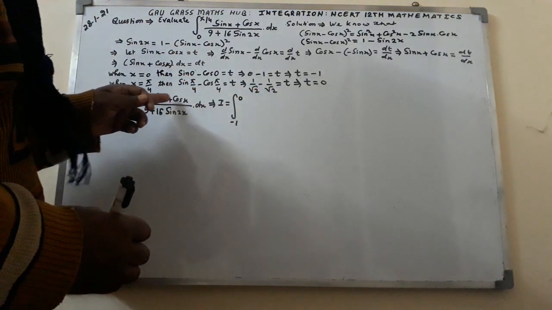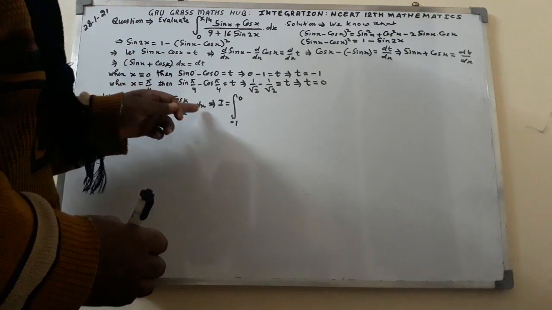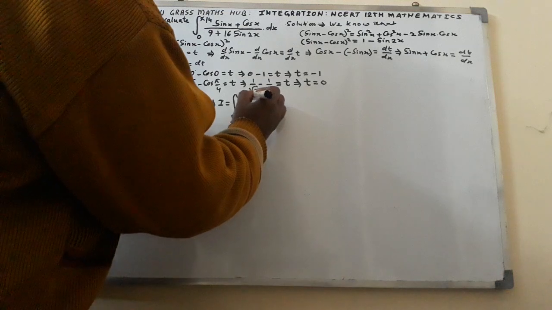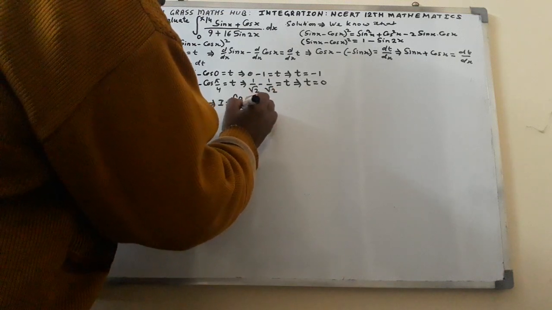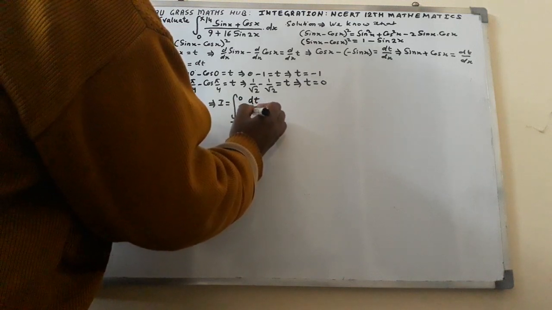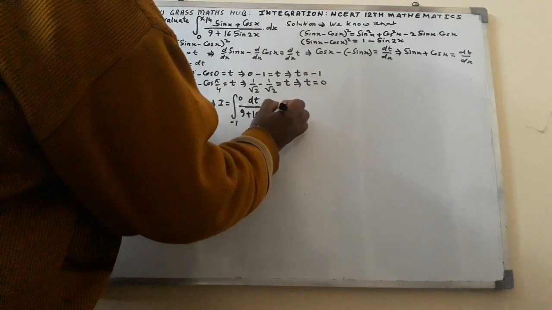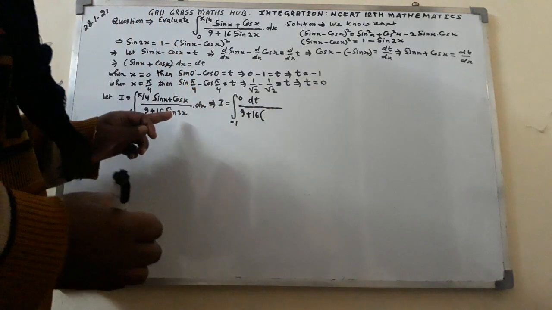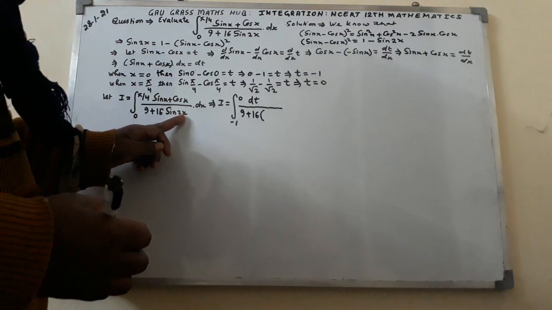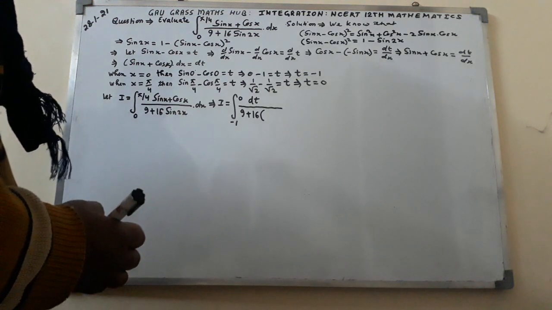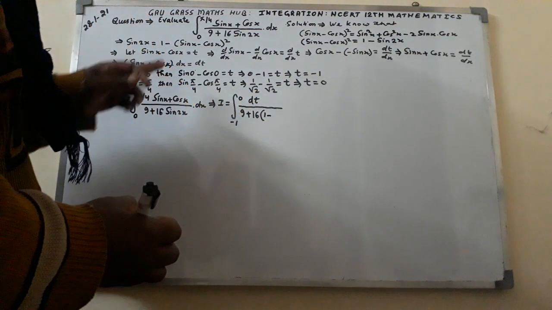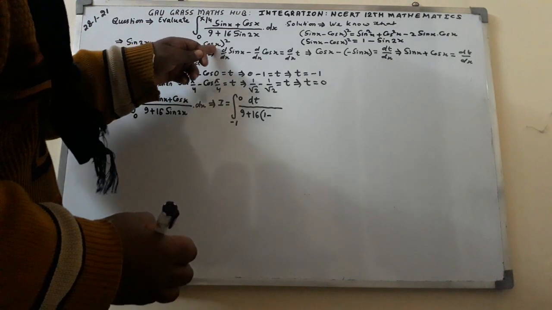And (sin x plus cos x) dx, you have got this one dt. So here write dt whole over 9 plus 16, in place of sin 2x I shall write 1 minus (sin x minus cos x) squared.